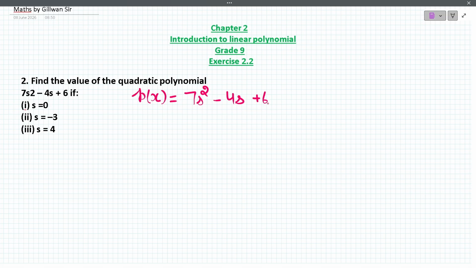Now let me know why this polynomial is called a quadratic polynomial, and the answer is because the degree of this given polynomial is 2, and that is why it is called a quadratic polynomial.